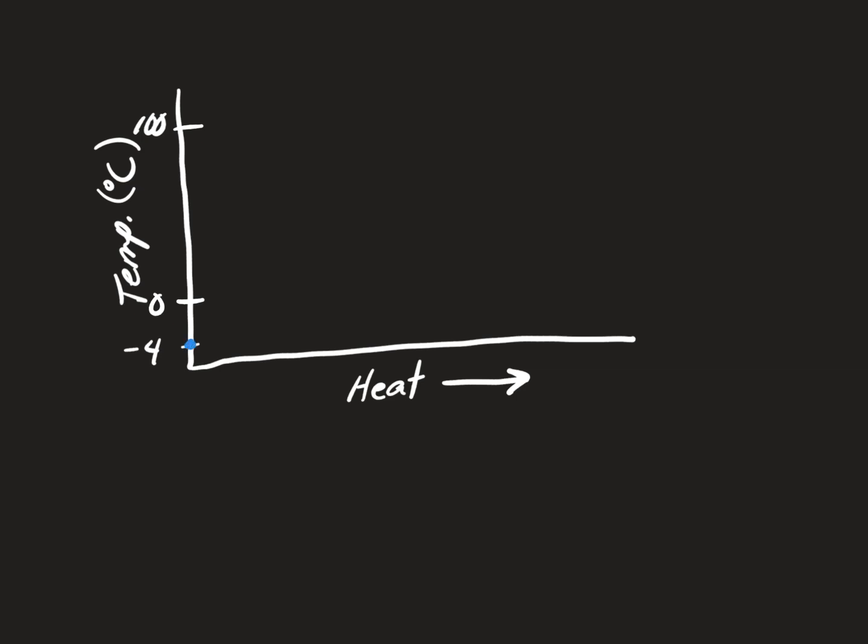We started with ice that was at -4 degrees Celsius. Okay, that's below the freezing point of water. Okay, that's below the freezing point where ice is formed. Okay, less than 0 degrees Celsius, -4 degrees Celsius. As we added heat, now as we're going to go forward in time, we're adding heat. And when we added heat, the ice warmed up. Okay, I want to really emphasize here, and I'm going to call this step 1 right here.